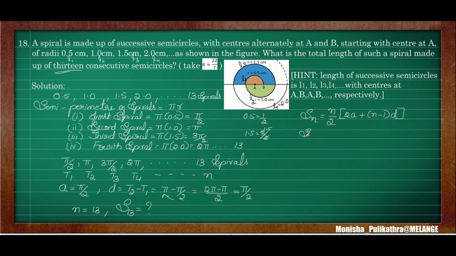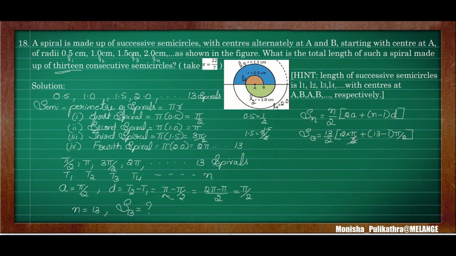So here S13 is equal to 13 by 2 into 2a, 2 into a is pi by 2, plus n minus 1, that is 13 minus 1, and d is also pi by 2.